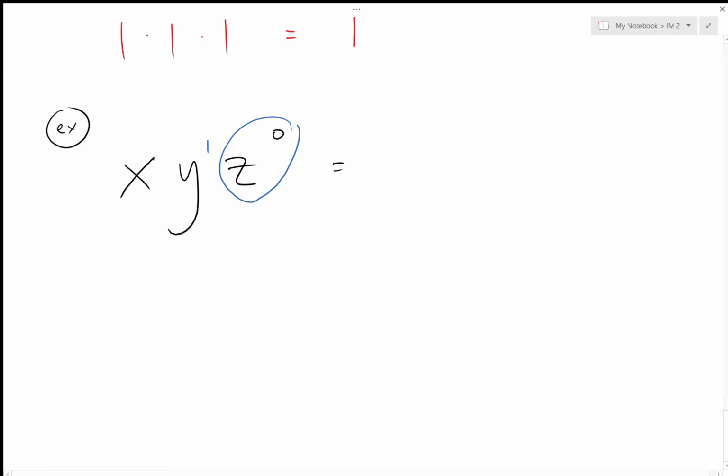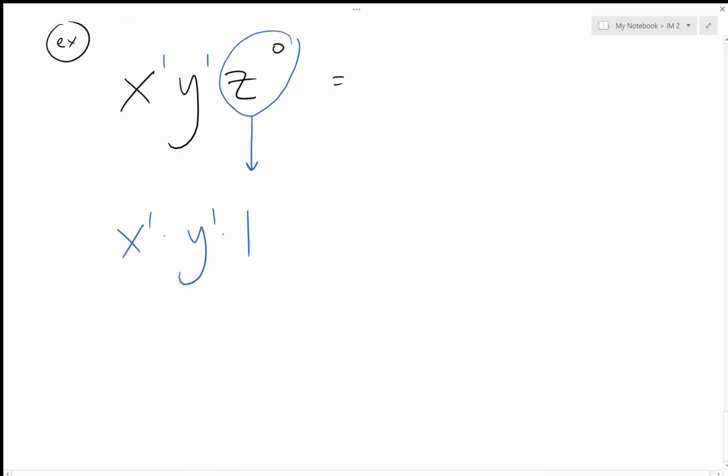And on the x, still just a 1. So the z to the 0, that's just going to be a 1. Everything else is still there. So in the end, it was only the z that disappeared and became a 1. Everything else was just x to the y. And there's my answer. So just the piece that has the exponent 0 is going to disappear, not the whole thing, unless there's parentheses, and then that's a different story.